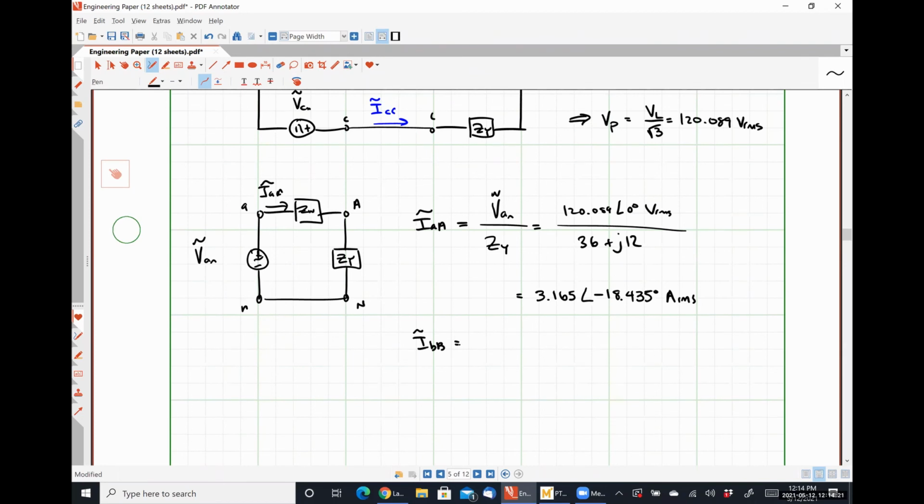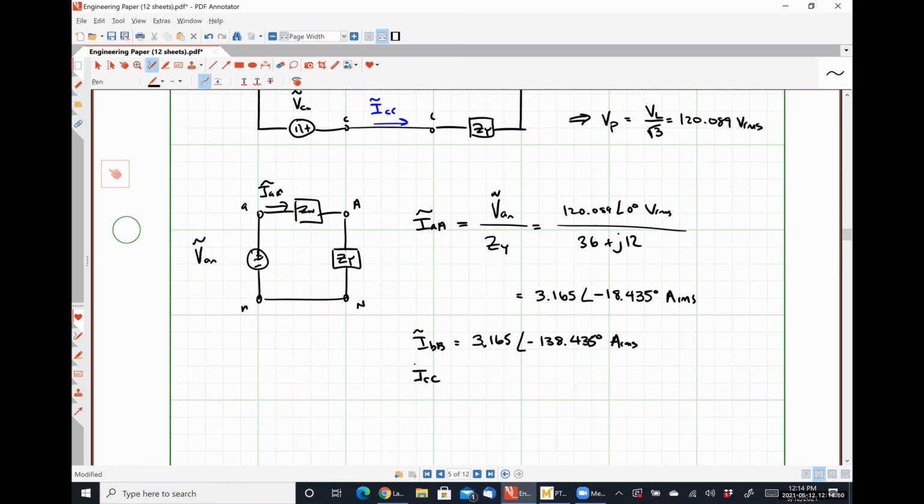So now, how would we figure out our line current for our B phase? Pardon? Yeah, just change the angle. Literally just subtract 120 degrees from this. You do not need to do any extra analysis or anything of that sort, okay? So it's just going to be 3.165 with an angle of negative 138.435 degrees amps RMS.